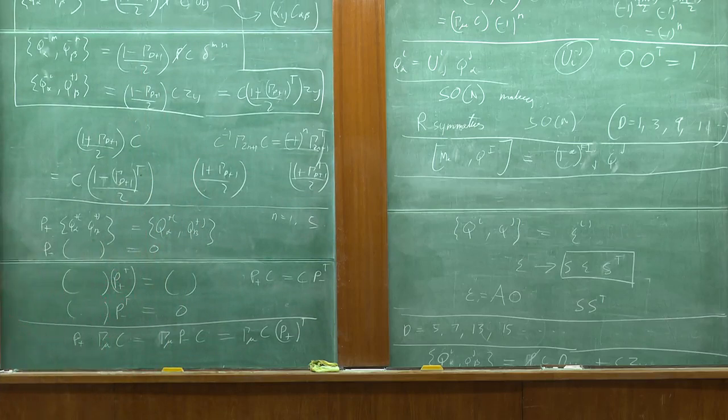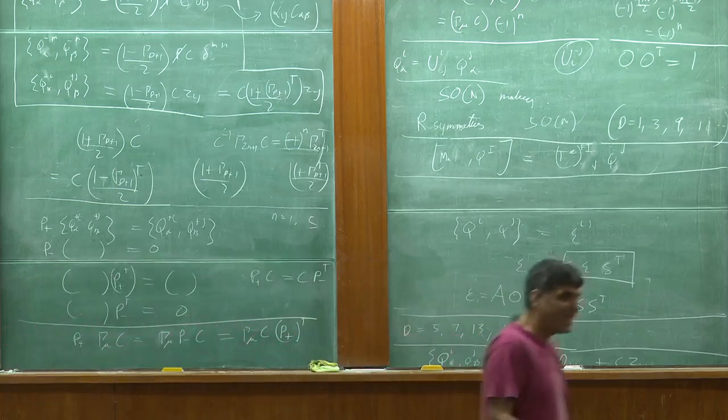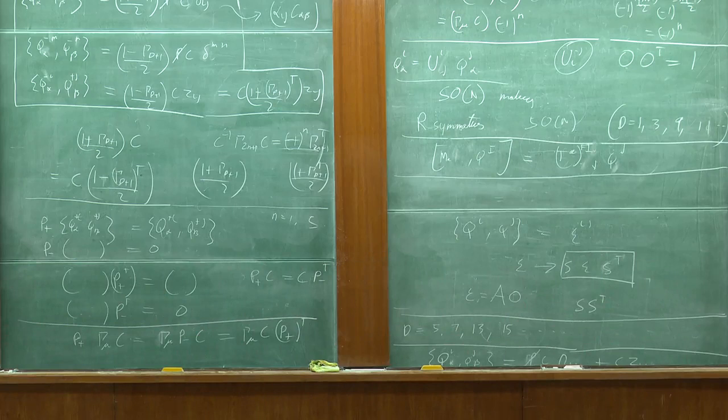Okay, so at least chirality we have checked. Now we have to do many more checks. You see, the last term has no check from transposition, because that is an anticommutator between two different kinds of objects. Transposition is a check if you do transposition and you get back the same kind of thing.